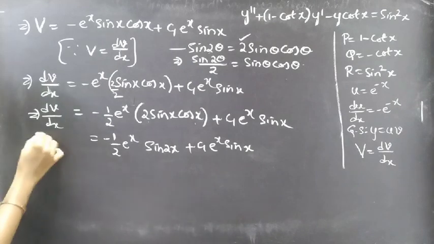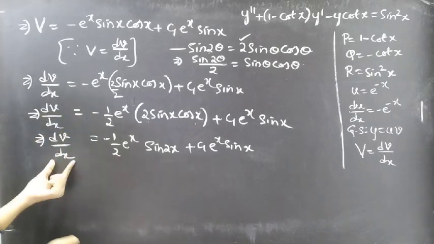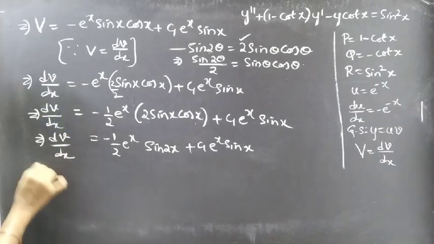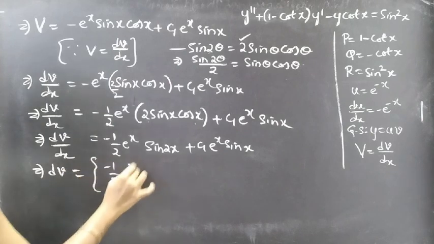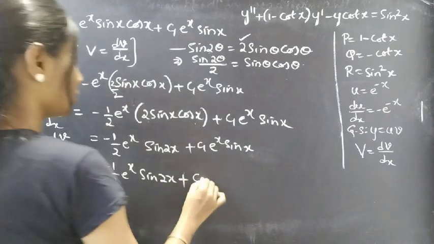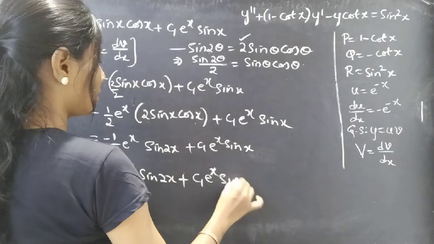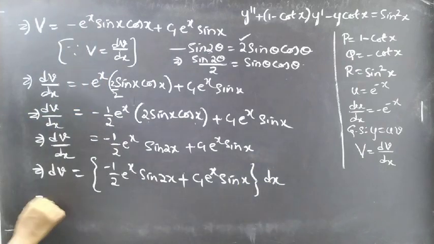Now let's separate the variables. In order to separate the variables, I'll take the differential dx to the RHS. Then I'll get dv equals minus 1 by 2 e power x sin 2x plus c1 e power x sin x into dx, right?